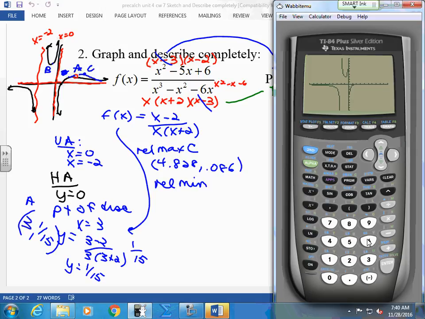Anybody find me a relative min? Call it big B. Three decimals.